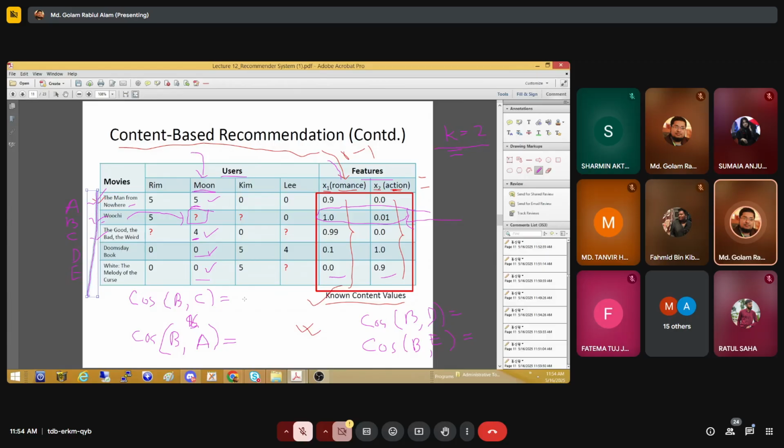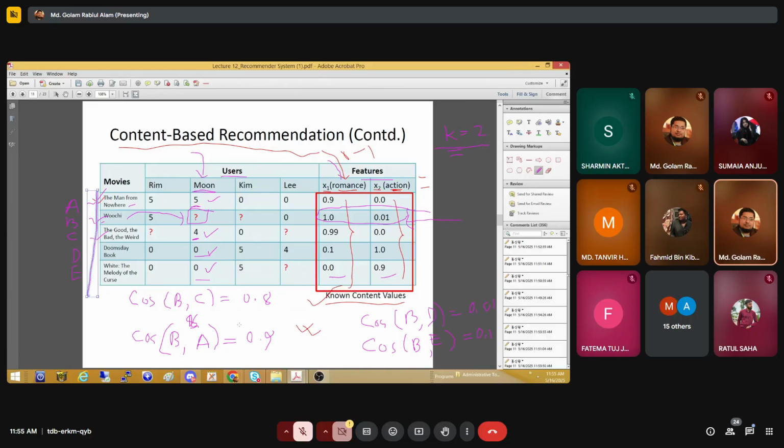Just assume that the cosine similarity of B and C is 0.8, B and A maybe 0.9, B and D maybe 0.1, and between B and E maybe just 0.1.